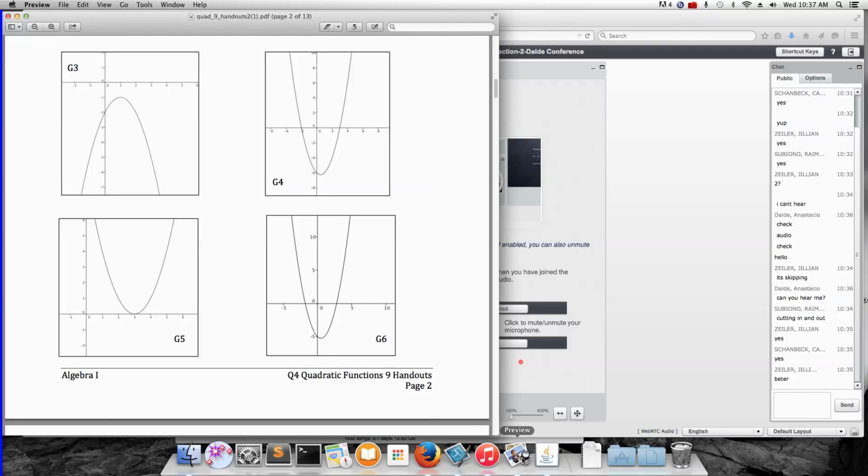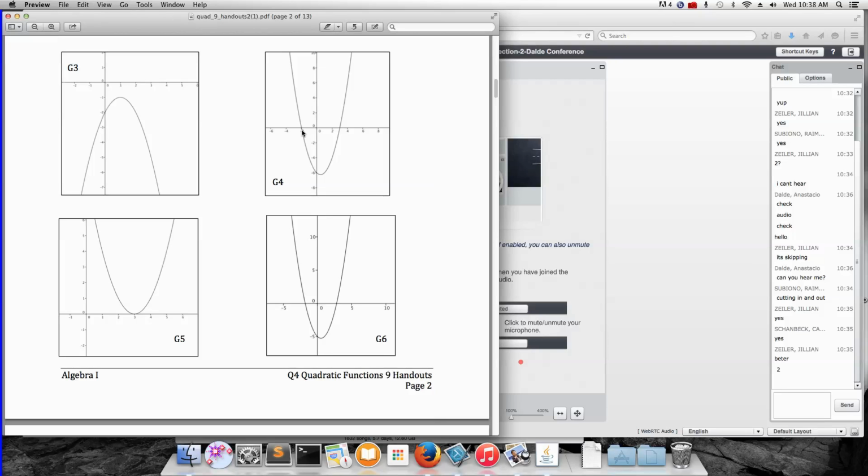All right. What I was asking you is let's look at G4, graph 4. How many zeros does graph 4 have? It has 2. And if you could zoom in and look at it, I'll tell you what they are.